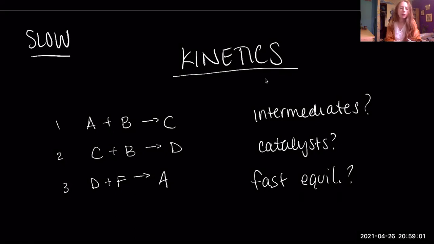which steps are involved. But first I want to define what an intermediate is and what a catalyst is. So an intermediate is something that gets produced, but then consumed. A good example of this would be C here. The reactant C was produced, but right away it was consumed in step 2, okay?